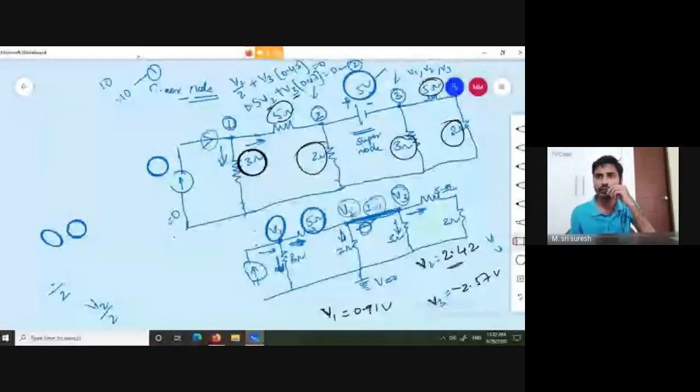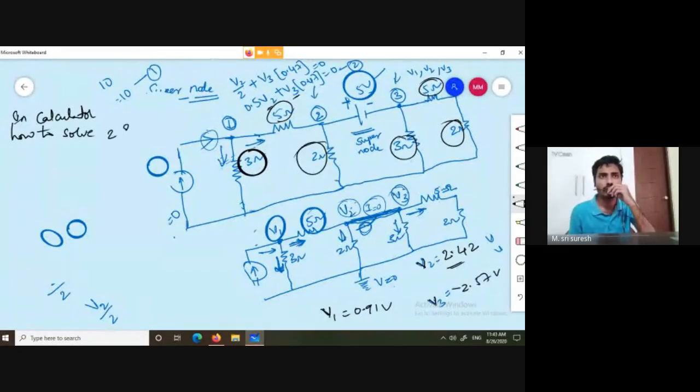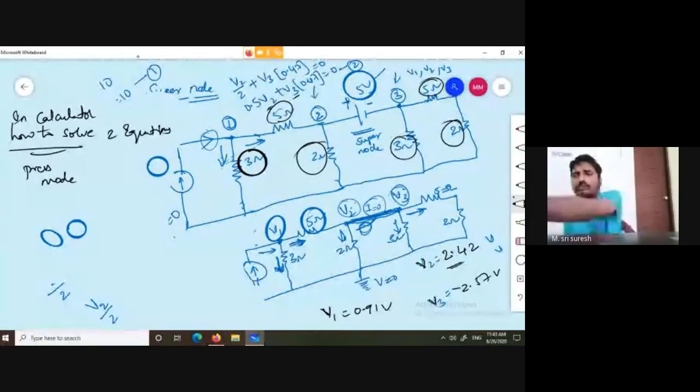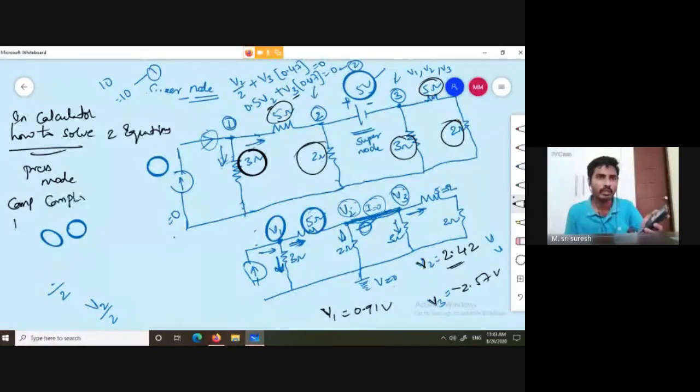So in the calculator we are solving the two equations in a similar manner. So I am writing here how to solve two equations in a calculator. So press the mode button. So that you'll get COMP 1 and CMPLX 1 by 2.